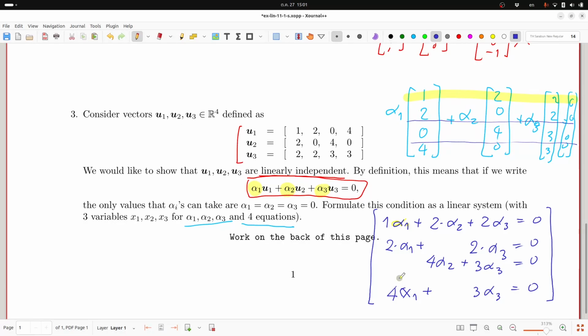So you have 3 variables and 4 equations. If these 3 vectors are linearly independent, the only way you can satisfy all 4 equations is to set all 3 variables to be 0.